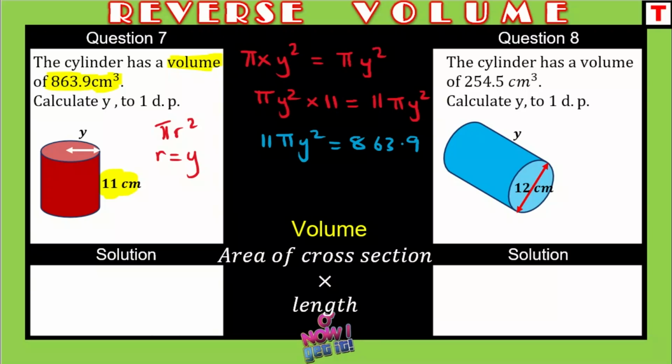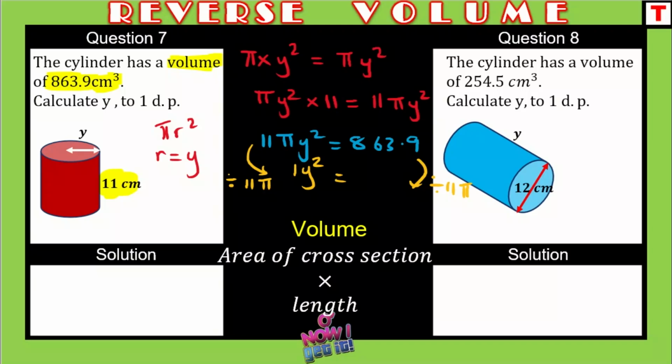So if I divide both sides by 11 pi to get 1y squared, I need to divide the right side also by 11 pi.